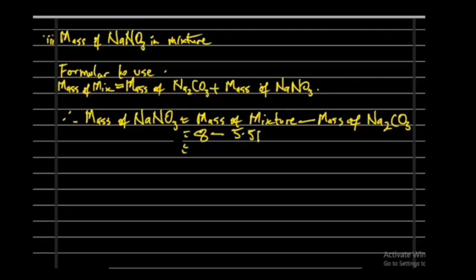That gives us 2.49 to 3 significant figures. Always leave your answer in 3 significant figures. So that's 2.49 grams, the mass of sodium trioxonitrate in the substance.